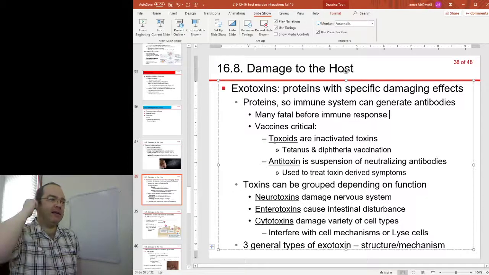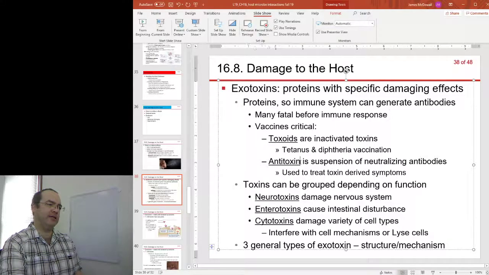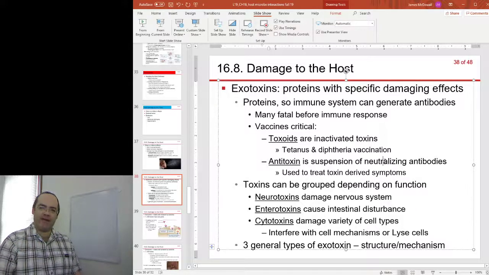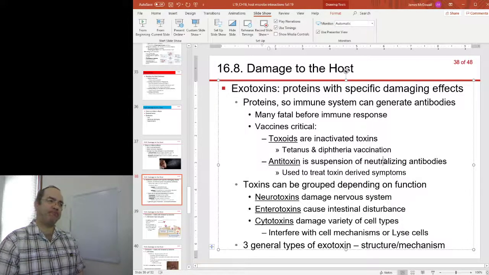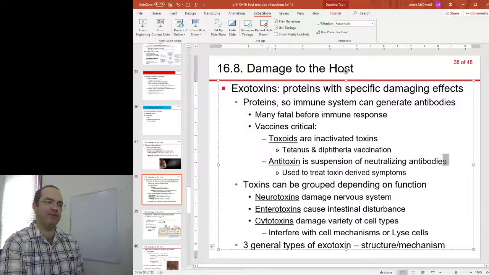If you do get a large kind of toxic influx into your body, we can use antitoxins. A rattlesnake bite, for example, you get an antivenom. That is a suspension of antibodies.